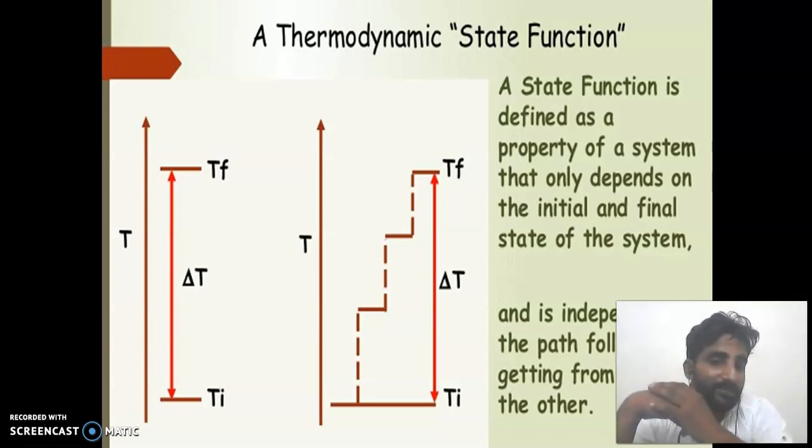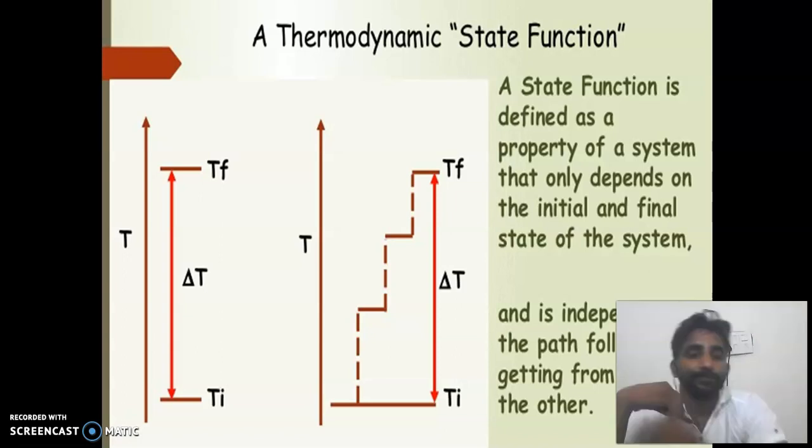So the total difference will remain the same in both cases. We have reached that final temperature by applying some heat or by doing some mechanical work. That difference delta T will be the same in both cases. So temperature is a state function in that case.